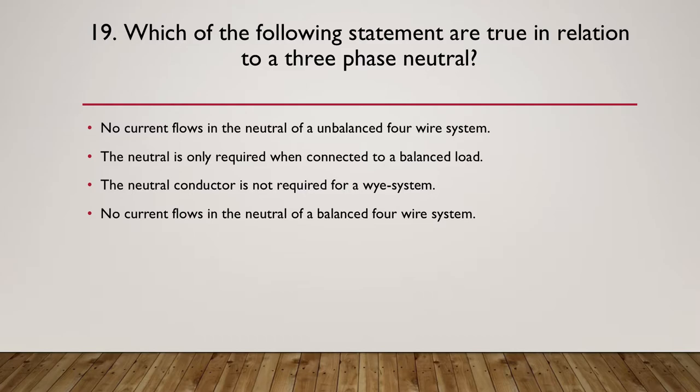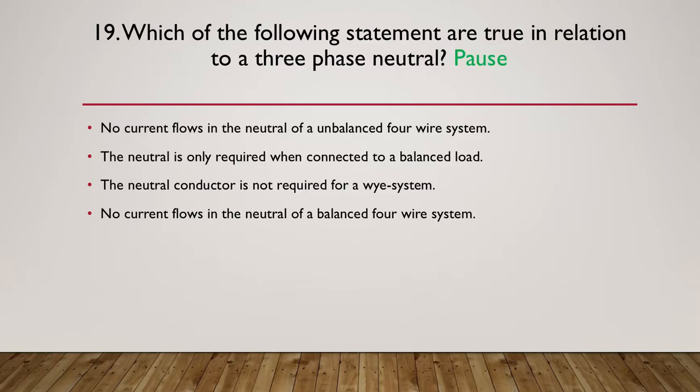The neutral conductor is not required for a WYE system. And there is no current flow in the neutral of a balanced 4-wire system. So again, pause the video here while you think about which is the correct answer.